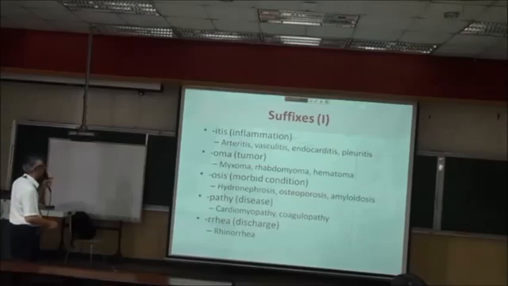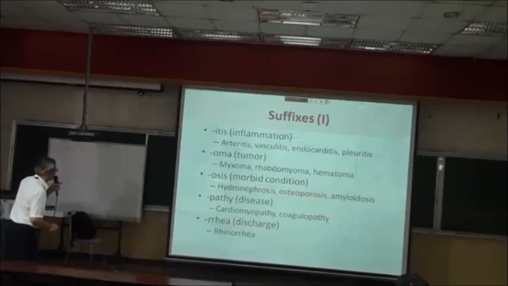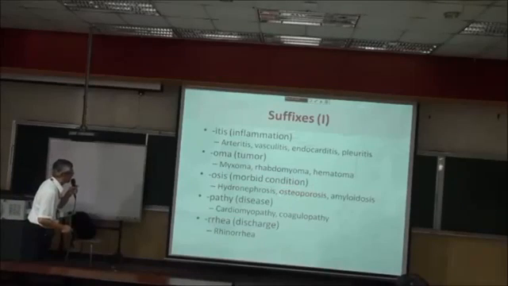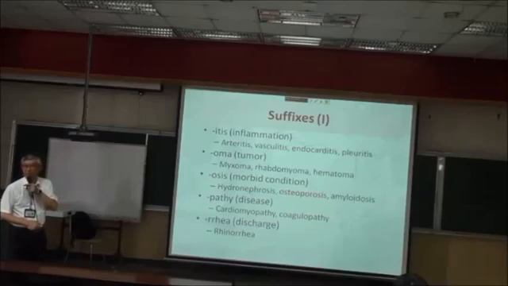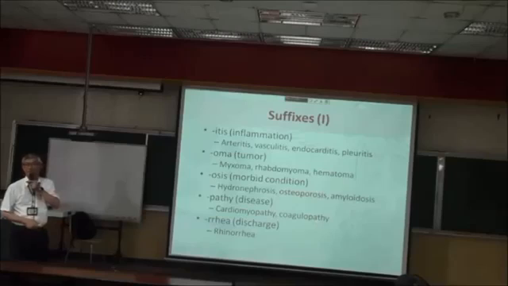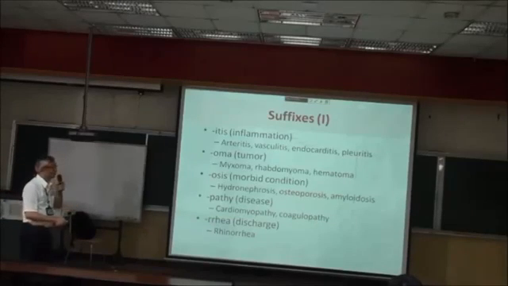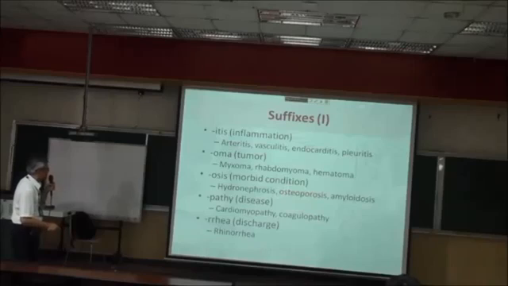So that's quite easy. Oma, that means tumor. And just like this. Osis, some condition. Just like osteo. That means what? Bone. Right? Poro. Poro means many holes. Okay? So let's put it together.